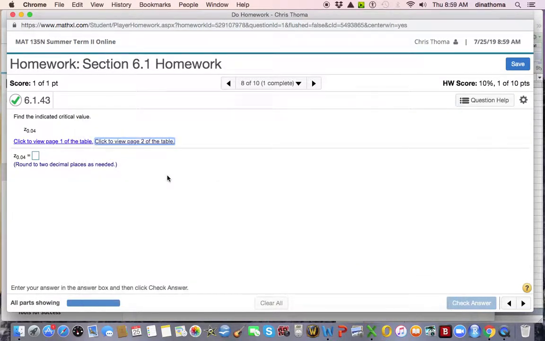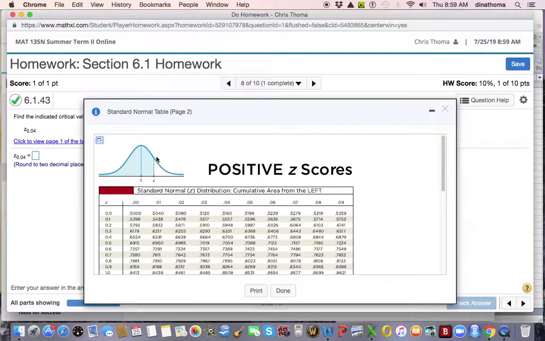So to do this problem, remember this is a percentile. So it's asking for the 4th percentile, right? Now, I know it's kind of tricky here. It actually wants you to find the 4th percentile to the right. So if you open up your table, it's asking for this piece, the white piece, not the blue. The problem is everything here in the table is to the left.